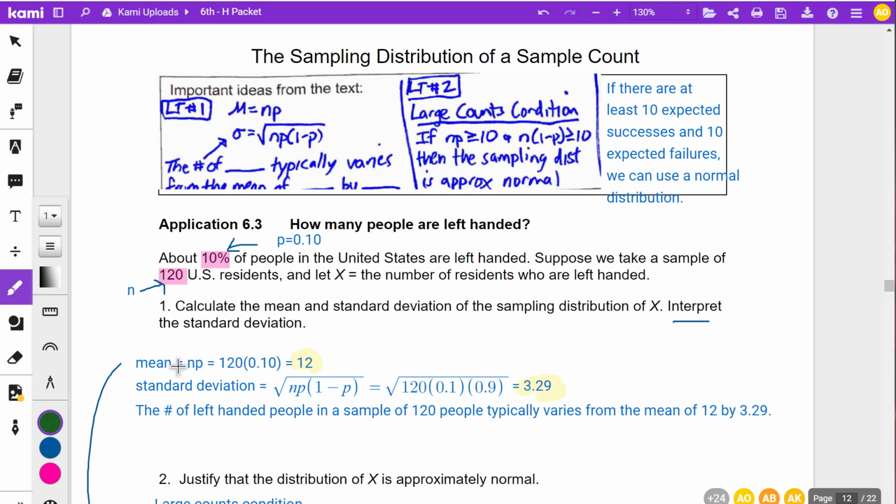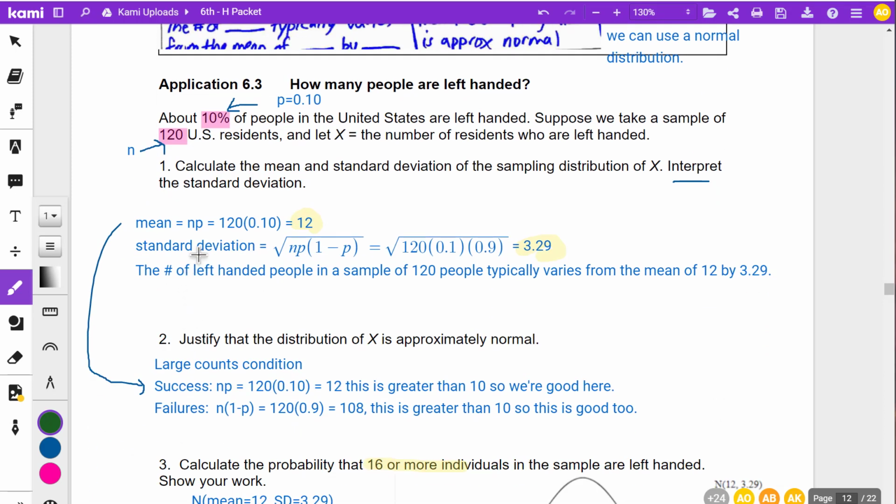So the mean is n times p, n is 120, p is 0.10. So 120 times 0.10 is 12. The standard deviation is the square root of n times p times 1 minus p. So I do 120, 0.1, 0.9, and I get 3.29. So how do I interpret this?